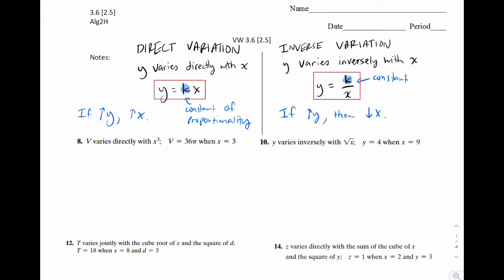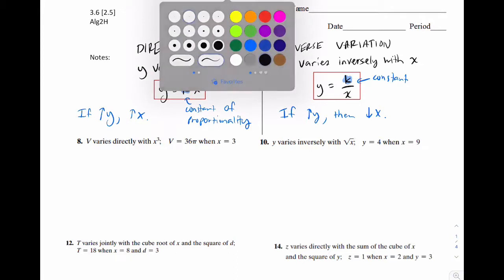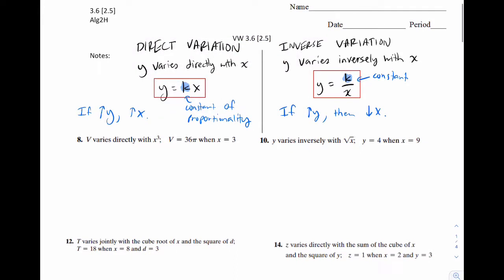So we're going to do a couple examples just to show you how it works. I forgot to print the instructions, so you can just write that in. All we're going to do is write a general formula. So for the first 4 questions, that's all we're doing. You'll also see this in your homework as well.